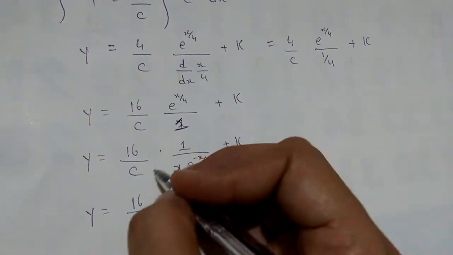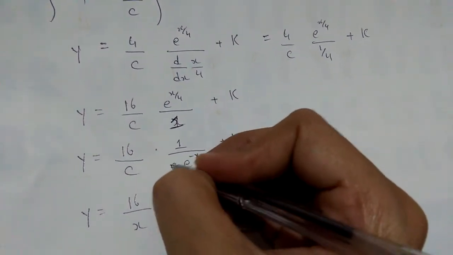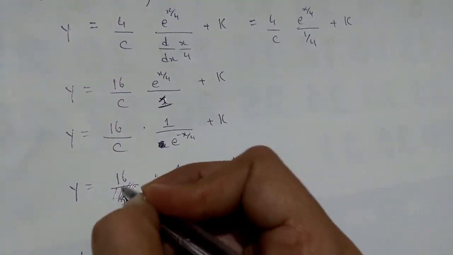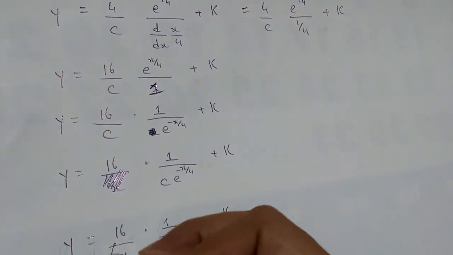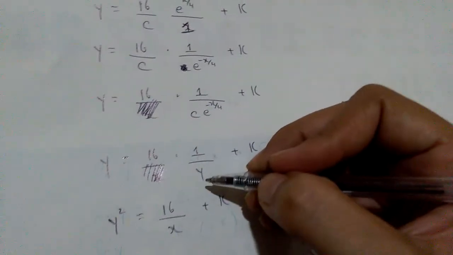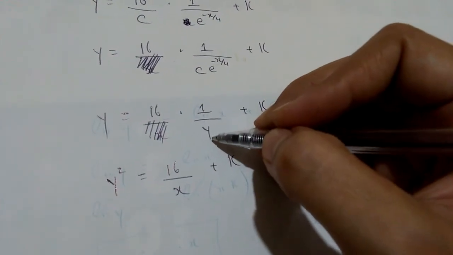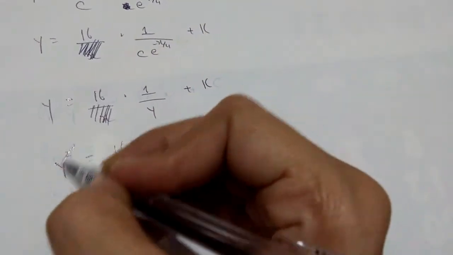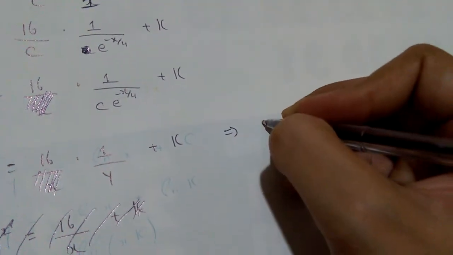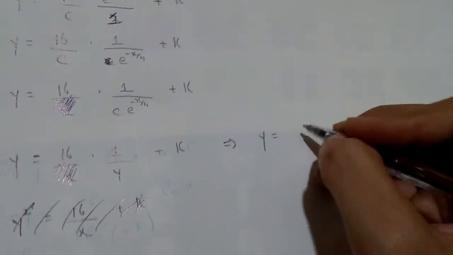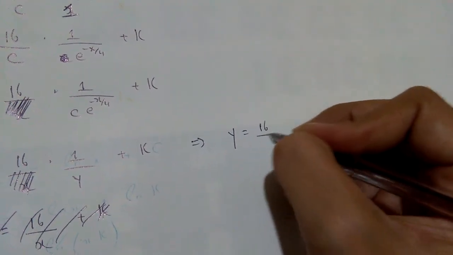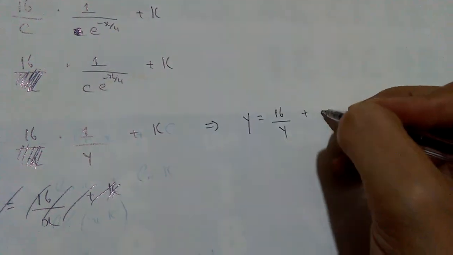Okay, so I'm not having anything here. So just 16 is left, and this is going to be your 1 upon y, and this 1 upon y will go right over here. So before that, I better cancel out this thing. It is 16 upon y plus some constant.